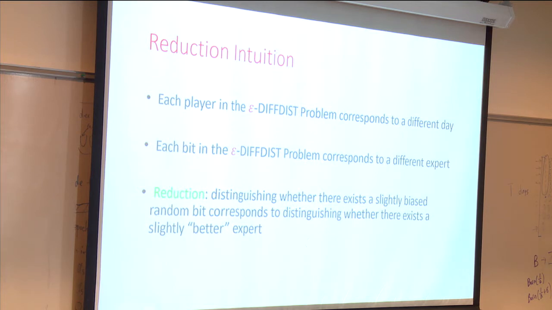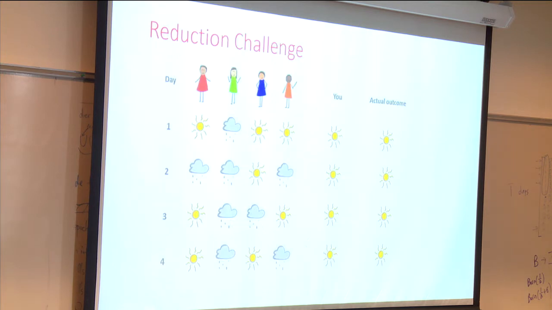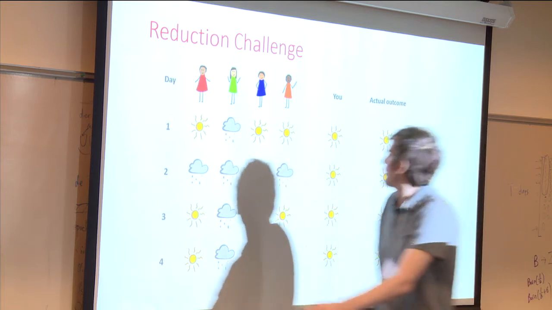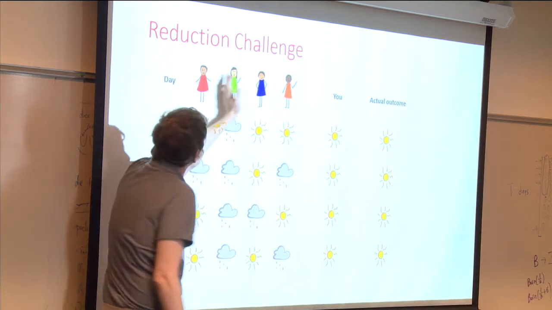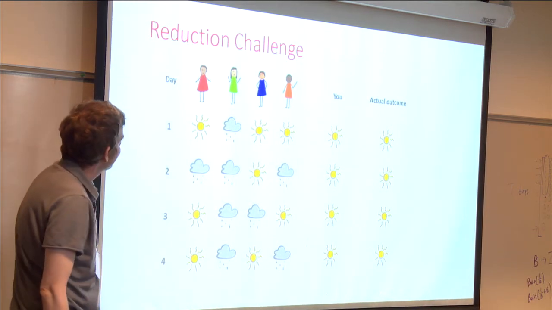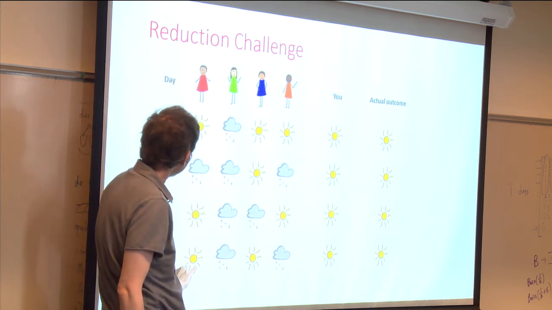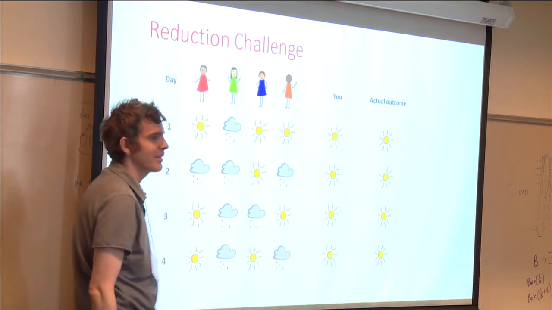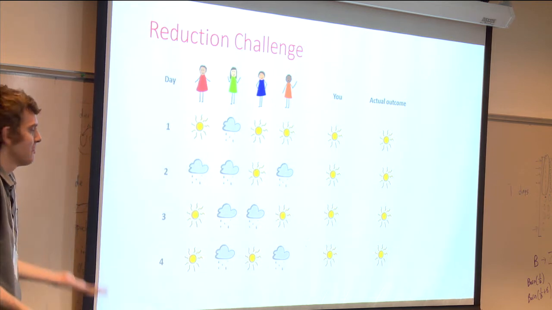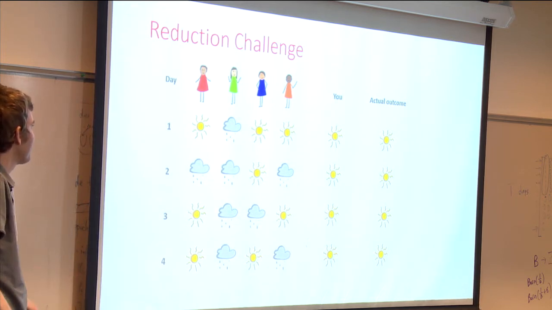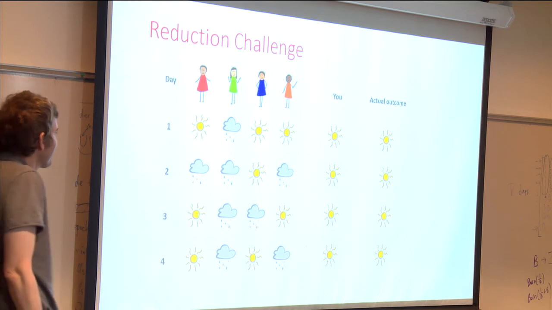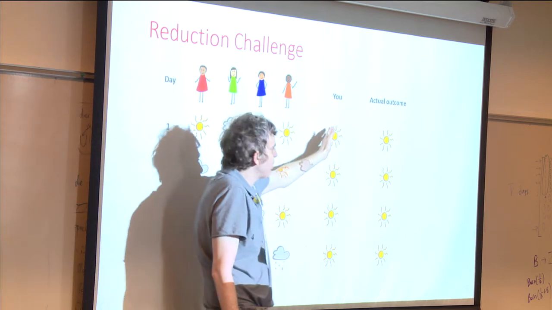There's some column that has more ones than not. So let me describe it on the slide here. These are the experts. These are the days. And maybe there's some column, let's say this column, that has a little bit more ones. Maybe not, but there could be. So why don't I just always output 1?